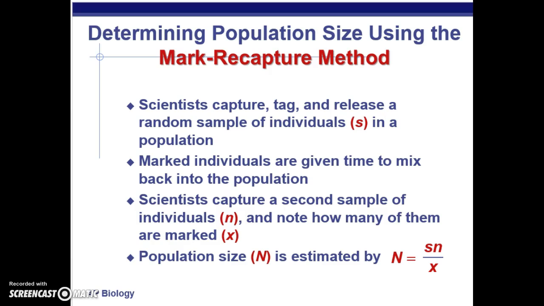Determining a population size using the mark recapture method involves a series of steps and a little bit of math, and you should be familiar with how to calculate this. Scientists capture, tag, and release a random sample of individuals in the population.